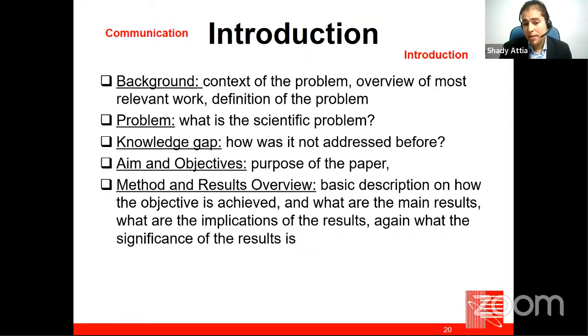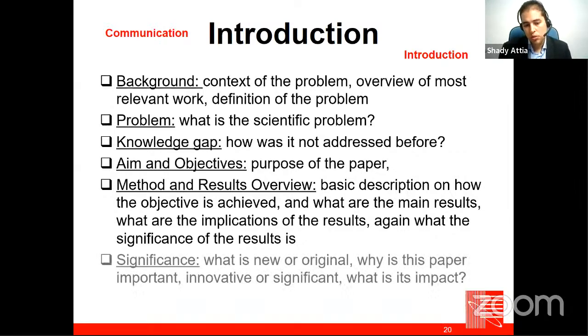So actually the method and results, we describe them very shortly in the abstract, and then we describe them a bit longer in the introduction before having them fully elaborated and explained in the relevant sections, whether it is the method section or the results section. So as you can see, there is repetition sometimes in writing a paper. If you read a good paper, you will find this happening all the time.